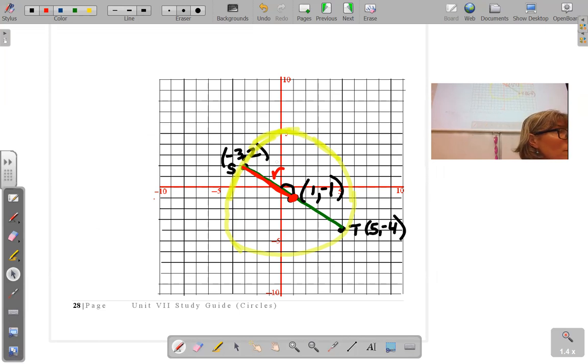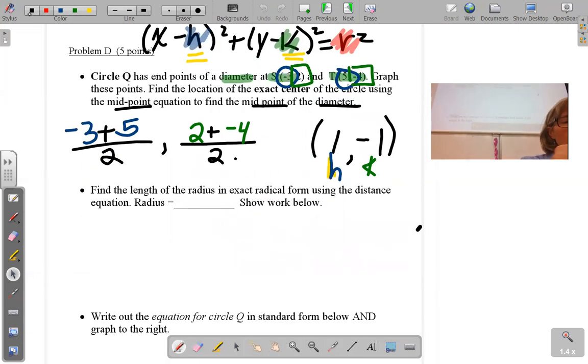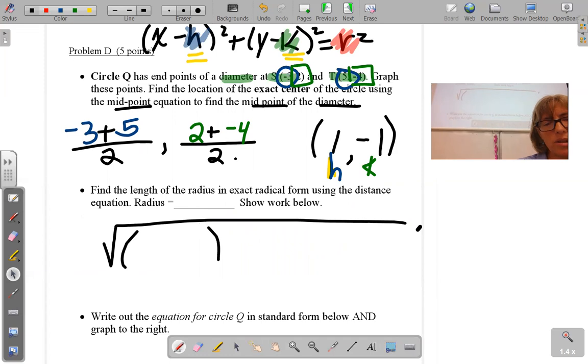So, Landon, once again, there's only two things we need for an equation of a circle. We need a center and a what? Radius. So we're going to trace this. We want to find the radius, and the radius is going to be the distance. We're on the graph on the right-hand side. So we're going to find the distance from the center to -3, 2, which is S. We're going to use the distance equation. There's your distance template.